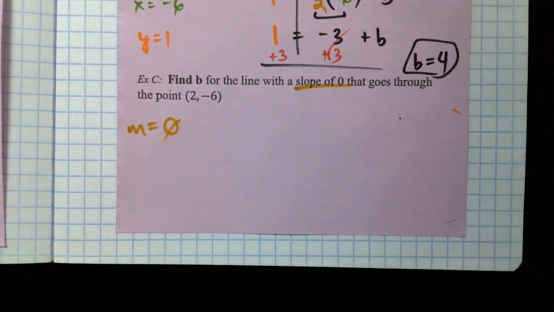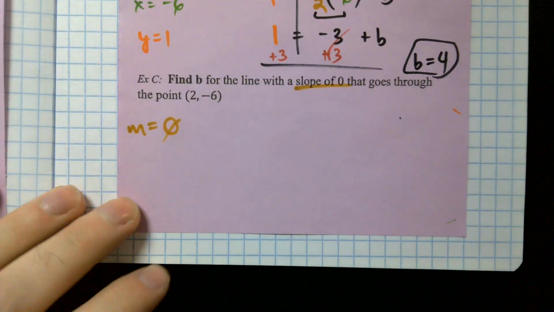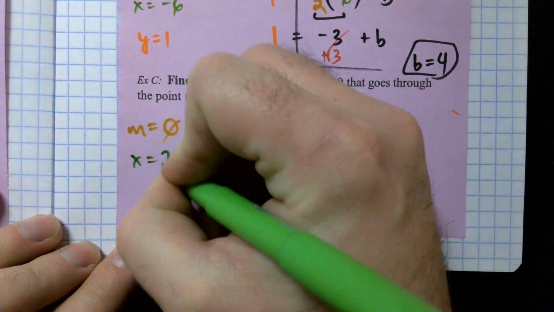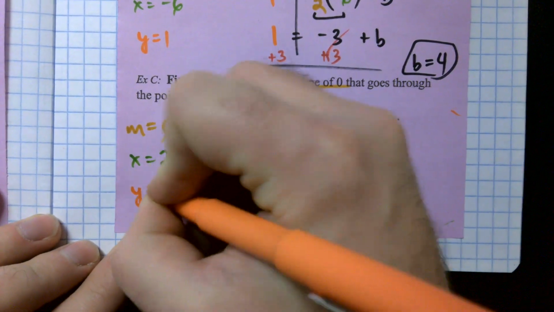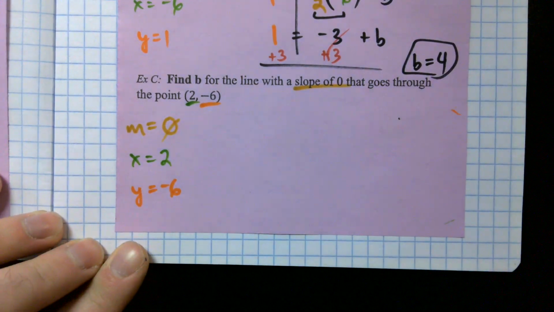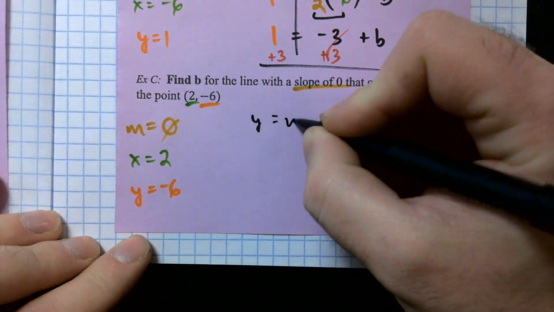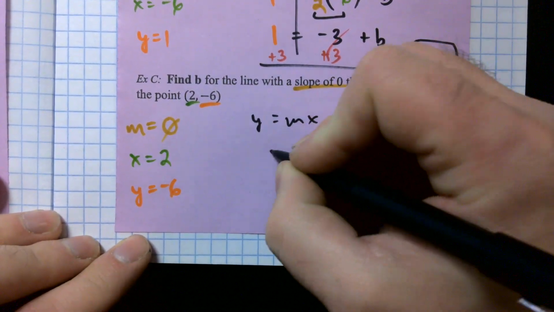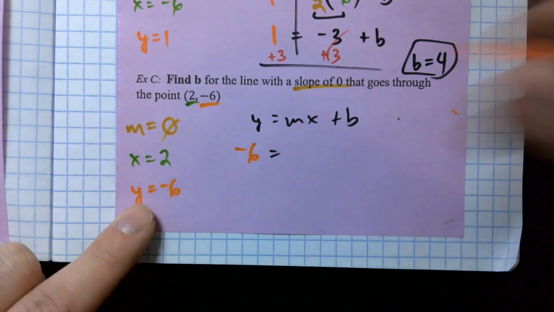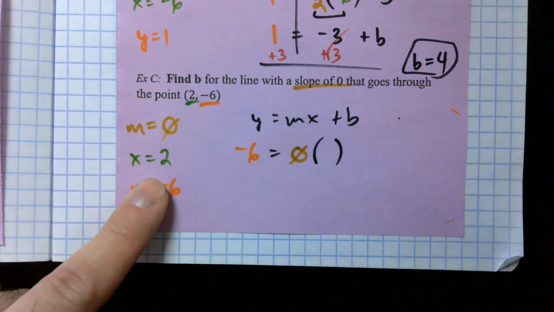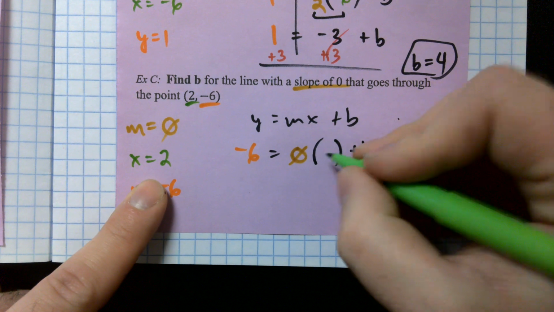So if I have a slope of 0, I'm looking at a flat line, right? What's my x here? 2. And what's my y? -6. So when I plug these in, y equals mx plus b turns into -6 equals 0 times 2 plus b.